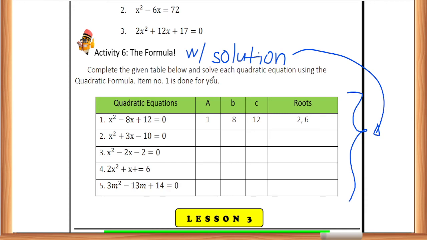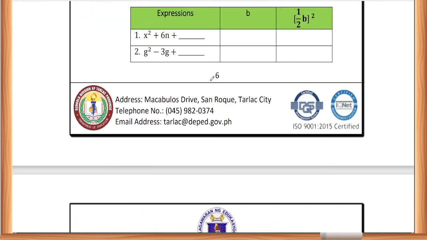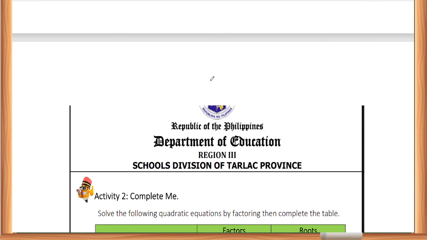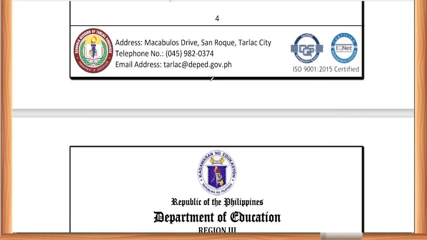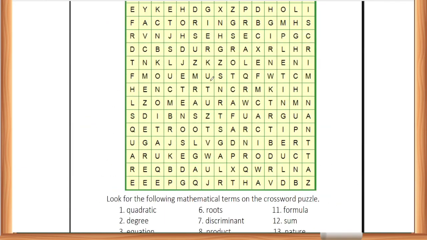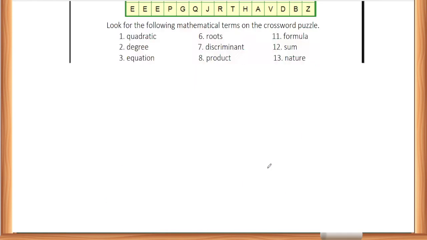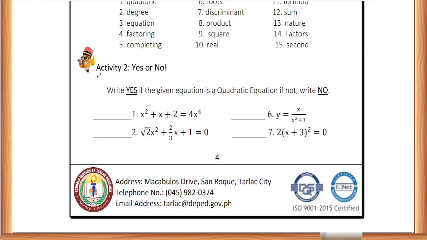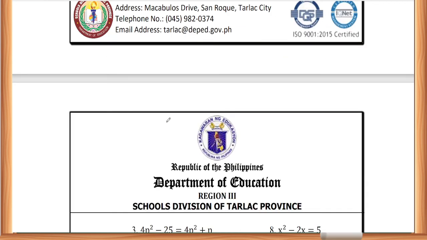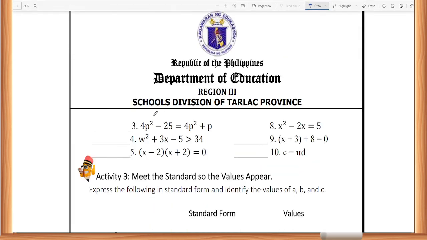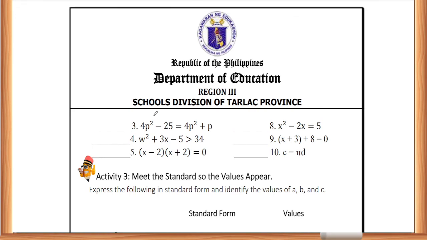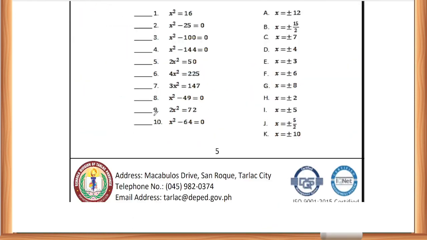So, ang sasagutan ninyo, yung lahat-lahat mula sa simula. So, from here, dito sa instruction ng support material nyo, except for this one, hindi ko na pinapasagutan to, you're going to start with activity number 2. Ito, yung iba may mga sagot na sila dito. So, you don't have to do this. Basta yung mga hindi nyo pa natapos, yung mga sasagutan ninyo is from activity number 2 hanggang activity number 6.